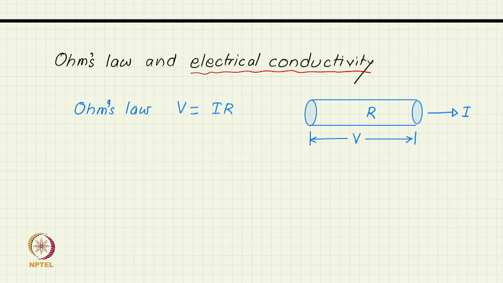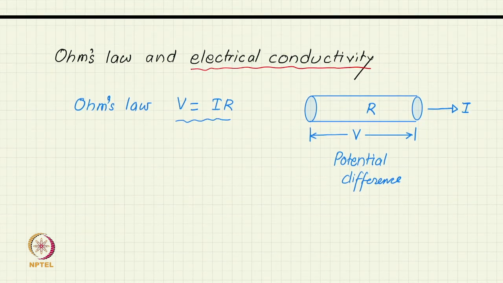We are familiar with Ohm's law, that V is equal to I R, where V is the potential drop or potential difference between two ends of a conductor, R is the resistance of the conductor, and I is the current passing through it. So, essentially it is saying that V and I are proportional. The proportionality constant R is the resistance of the conductor.